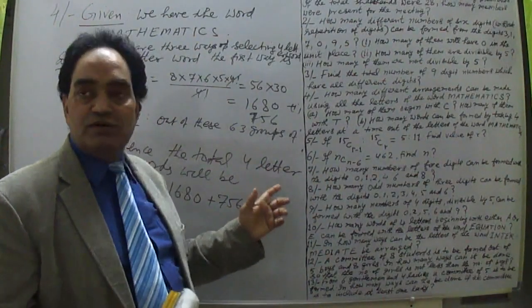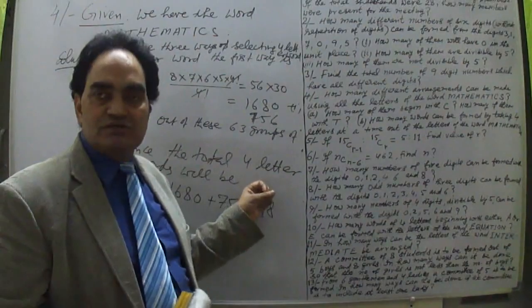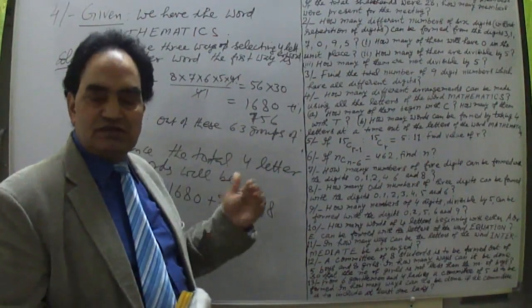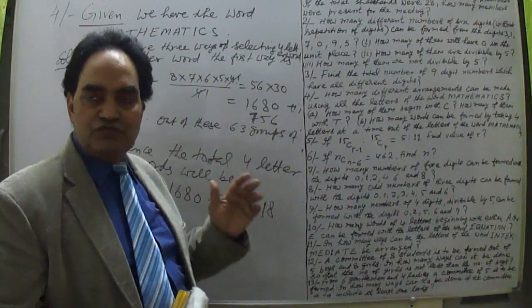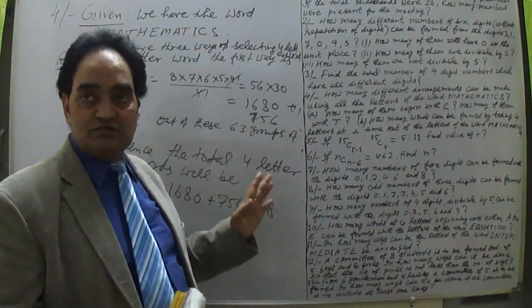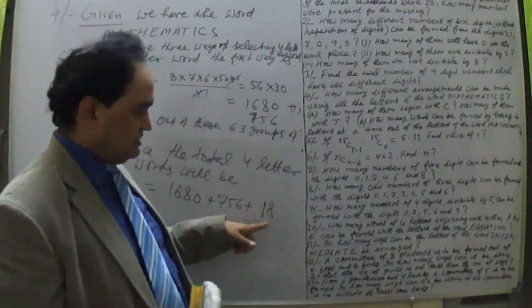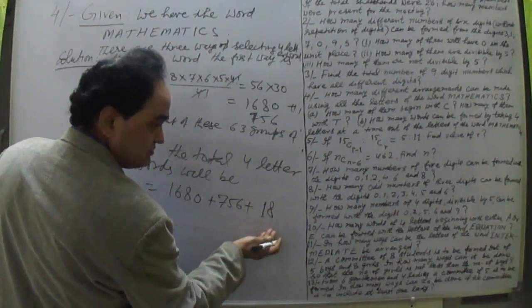Out of 3 pairs of letters, 2 pairs are selected, 3C2 ways, and then such kind of groups can be arranged in how many ways? Factorial 4 upon factorial 2 into factorial 2, in the denominator factorial 2 factorial 2. So that is 6, 6 into 3, so that means 18. Total 18 such kind of words can be selected.